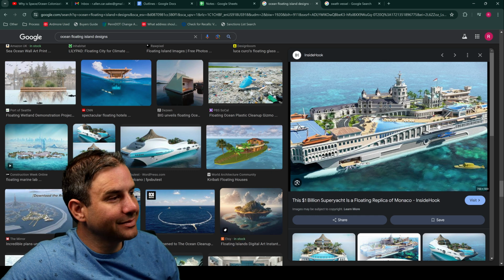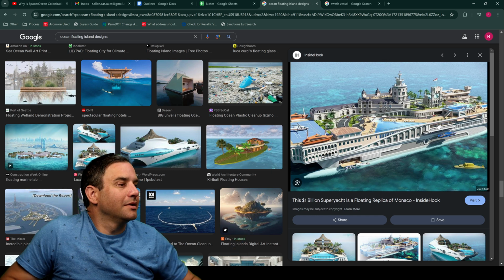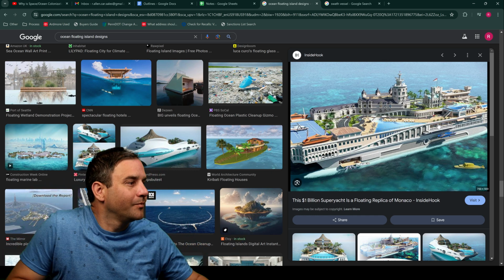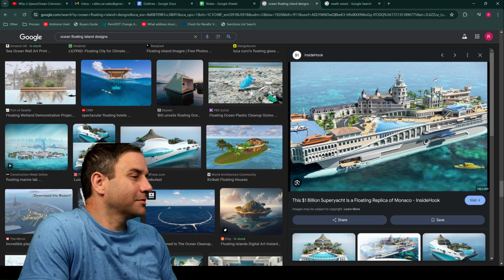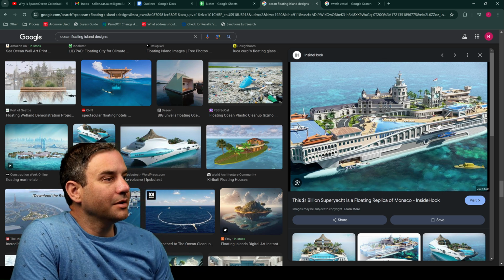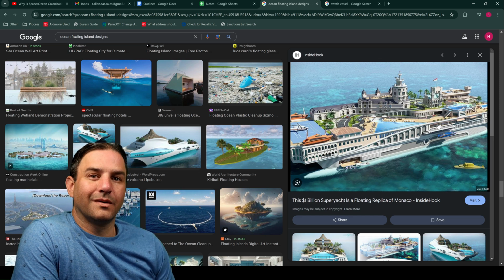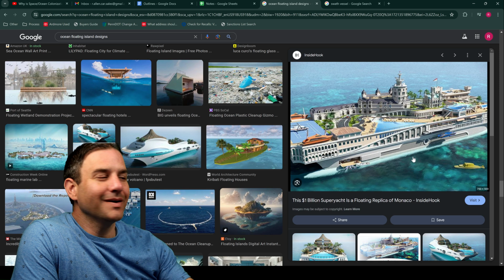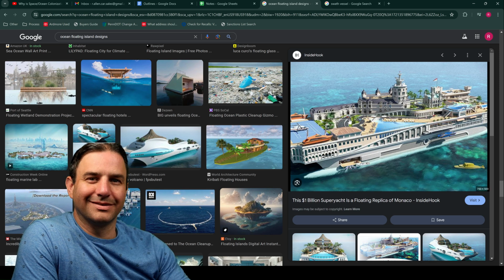Honestly, this would be a pretty comfortable floating island. Why on earth do they have roads on this?